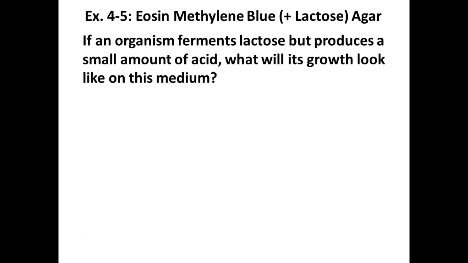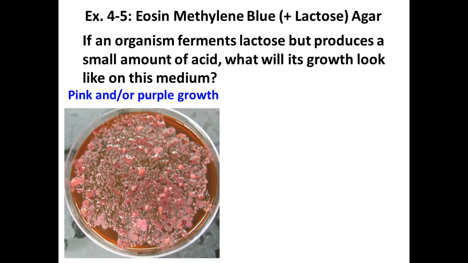So if the growth of an organism ferments lactose but produces a small amount of acid, what will the growth look like? So less acid, less interaction with the dye, so we're going to get some different colors. What are the other colors we might see? Purple and pink. So see this one? This was actually from some hamburger meat one semester.